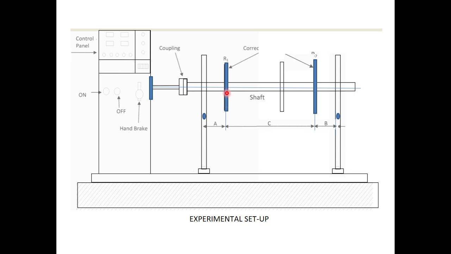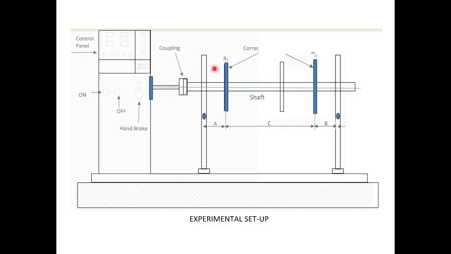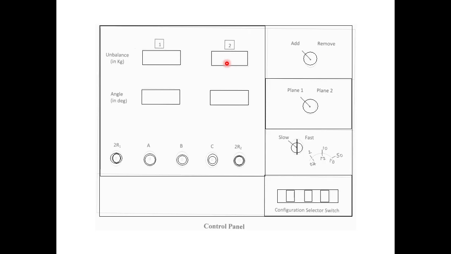These correction masses are basically plasticine, which is a sticky material. So we measure that much plasticine using a balance, and at that angular direction we place it at the outer radius, put it there. So this is fine. Now the question is, how to identify this direction.